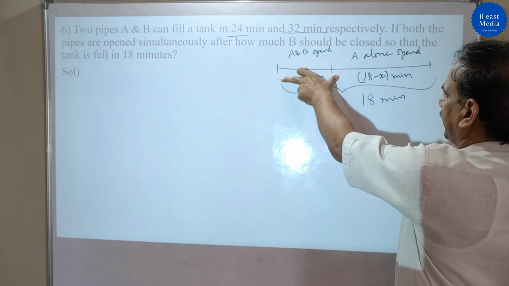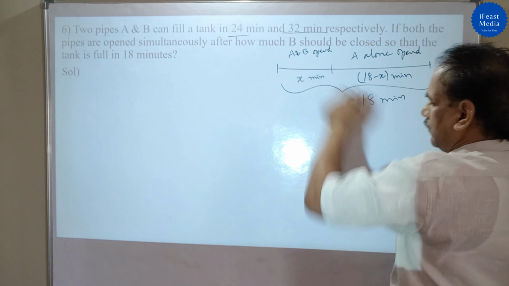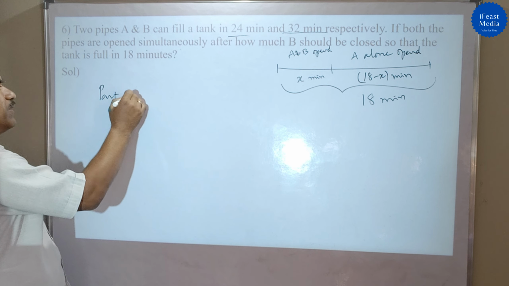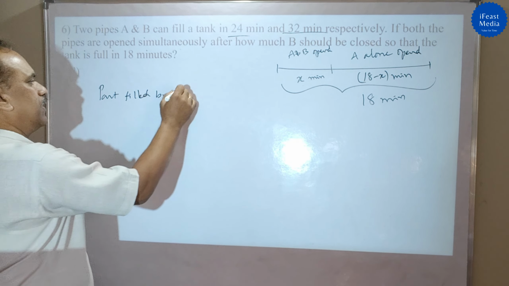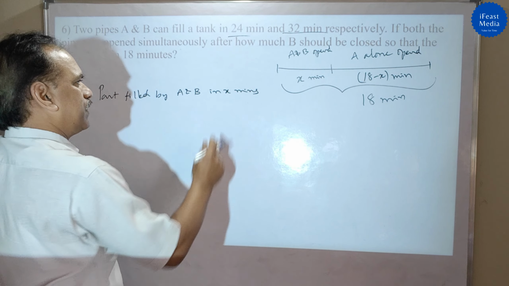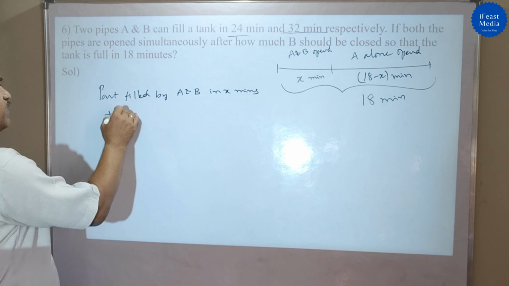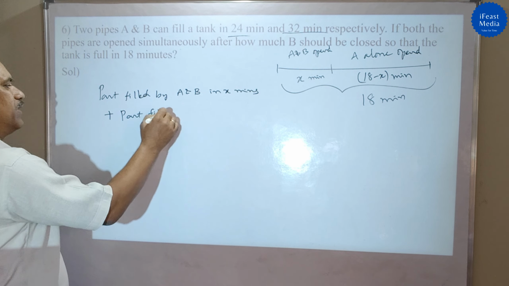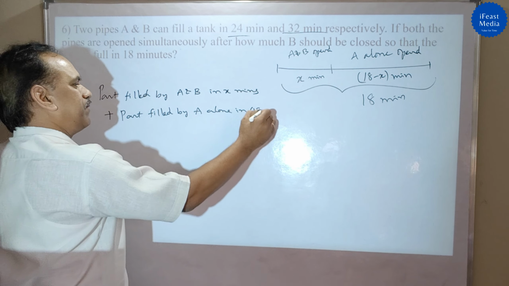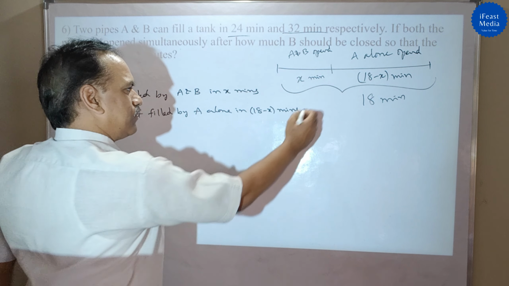So this part is filled in X minutes, and this part is filled in 18 minus X minutes. The total part is 1. So the part filled by A and B in X minutes, plus the part filled by A alone in 18 minus X minutes, is equal to 1.